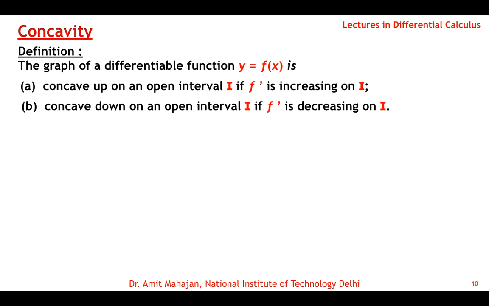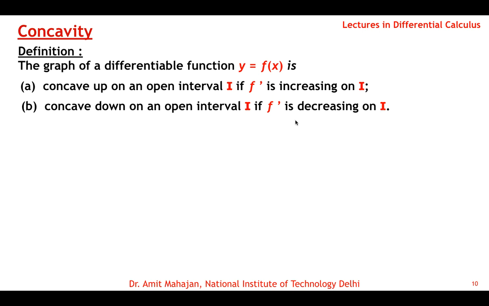So either the graph can be concave up or concave down, depending upon the function behavior. So let us first define this: the graph of a differentiable function y is equal to f(x) is said to be concave up on an open interval I if the first derivative is increasing on I, and it is said to be concave down on an open interval I if the first derivative is decreasing on that interval.